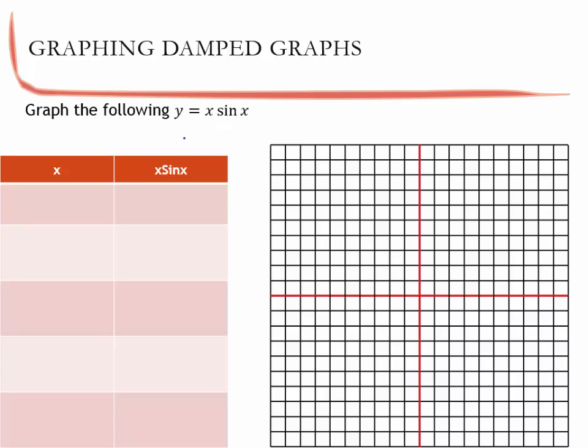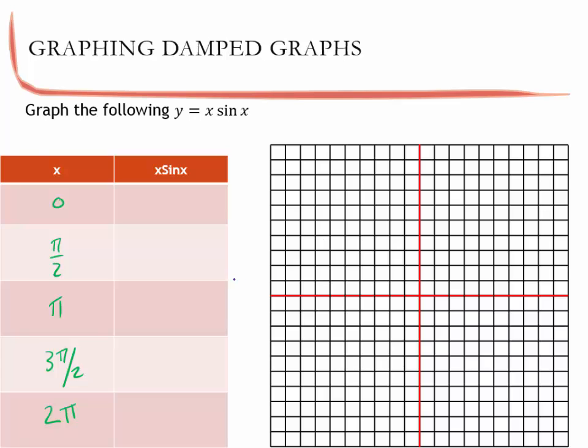So what we're going to do is graph our boundaries. Now, remember, we're going to pick values that are nice for sine of x. The problem with that is when I pick values such as 0, pi over 2, pi, 3 pi over 2, and 2 pi, my y-axis here is going to change as well.